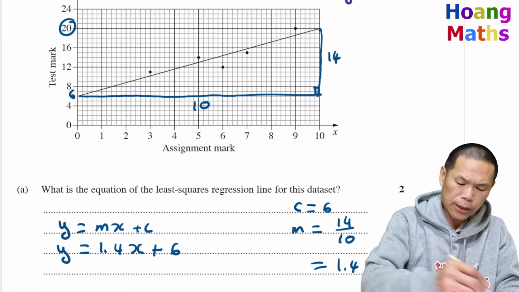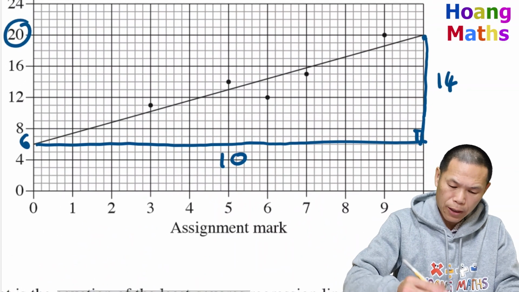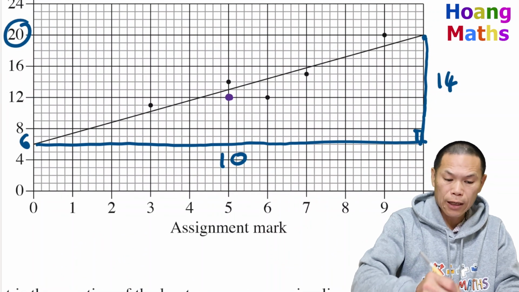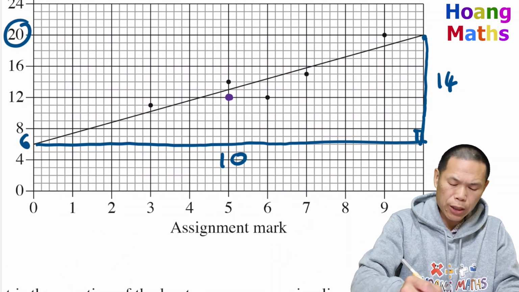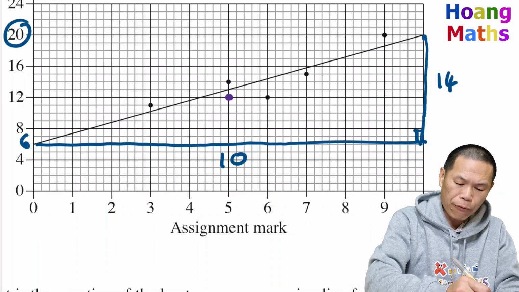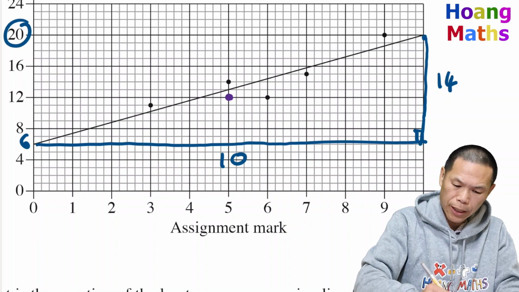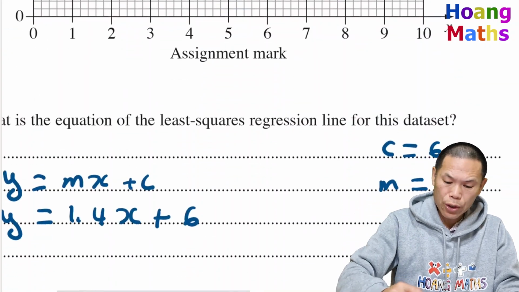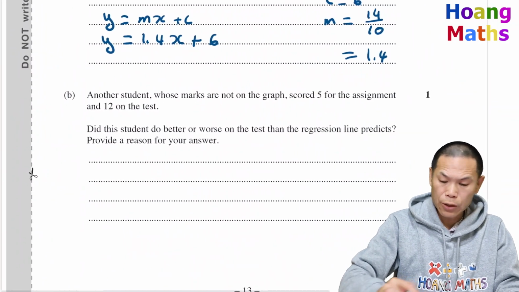So if we look at this, 5 and 12 will be here. So that's the student's marks. So therefore, the prediction is above the actual mark. The prediction should be here. So it should be 13 instead of 12.